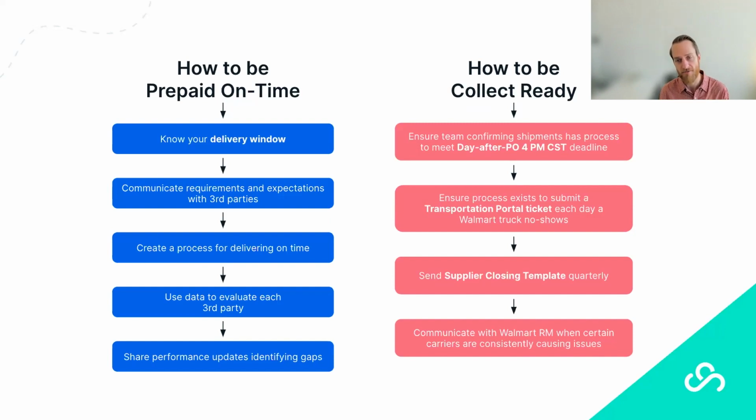Lastly, related to missed pickups on the Walmart side, you also have an ability to see what carriers are coming to pick up goods in the data. One thing we've suggested as well: if you continually have a carrier or two that Walmart is sending to your facility and is failing to arrive on time, it may be helpful to have a conversation with your replenishment manager or your supplier solutions manager to see if they can either fix it or potentially give you a different carrier, because Walmart works with a number of carriers.